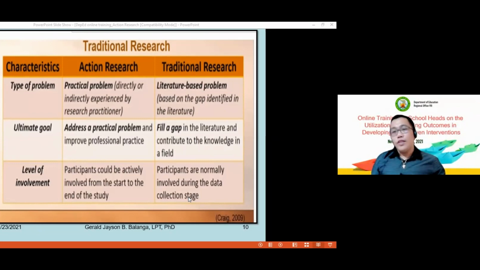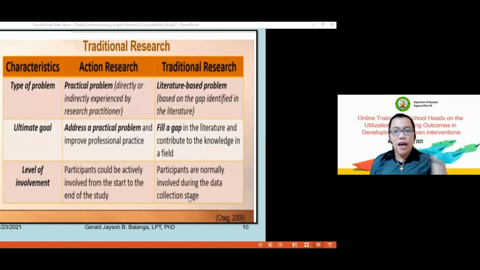And find out if your teachers become happier, more motivated. For example, before ka nag-hire ng mga additional workers, additional manpower, i-measure mo ang kanilang level of motivation to do work.